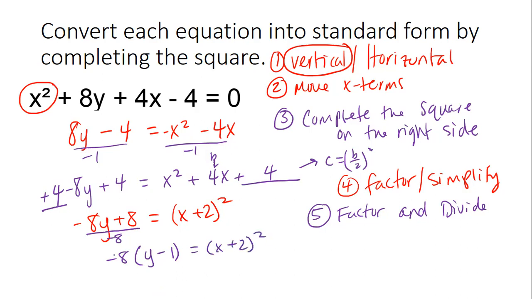Okay, then I'm going to divide so that this can just be a binomial by itself. So I'm going to divide by -8. And then I'm left with my standard form. y minus 1 equals -1 over 8 times x plus 2 squared.